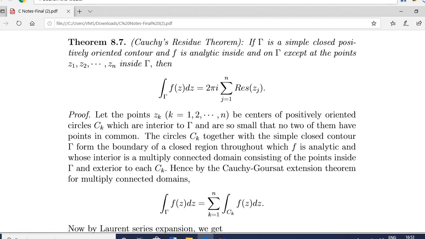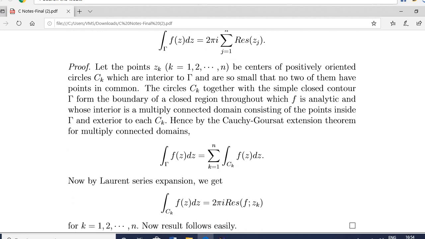This theorem we have seen in the past in classroom when we had this Cauchy theorem and its extensions, by joining paths, and these opposite paths get cancelled out and so on, if you remember. So the integral over the larger closed curve is equal to the sum of the integrals over the smaller curves. So this is the Cauchy-Goursat theorem for multiply connected domains.